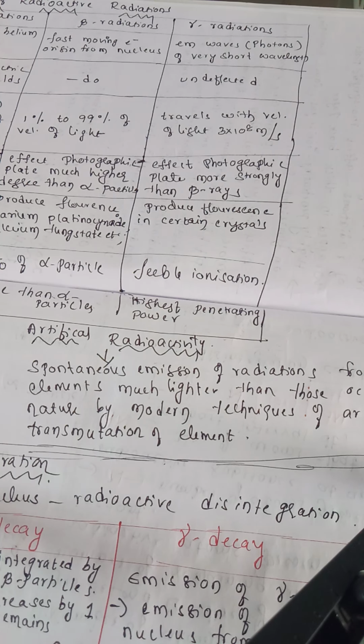Now next, let us go for radioactive disintegration. First let us know what disintegration is, and then let us go for the laws of radioactive disintegration. Disintegration means one atom changing into another atom.